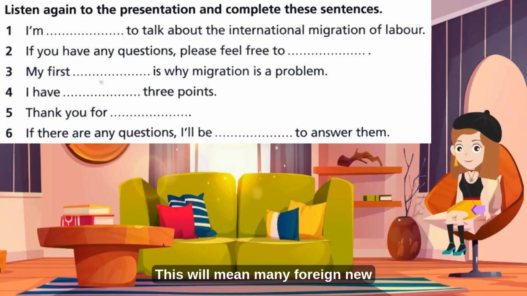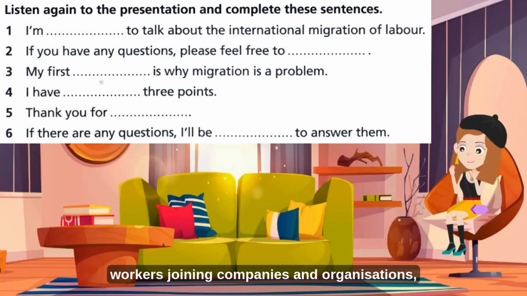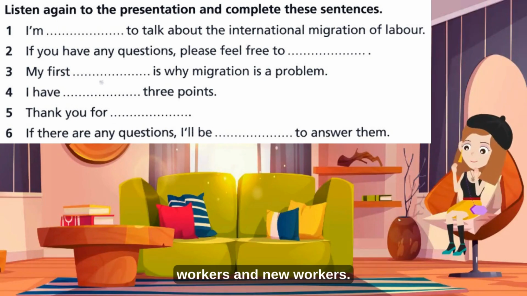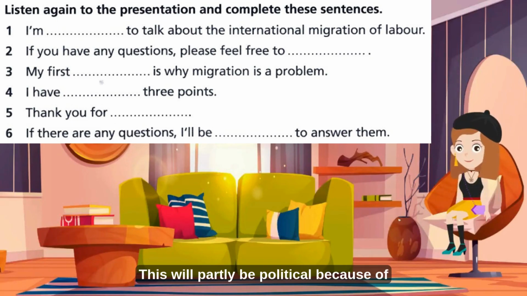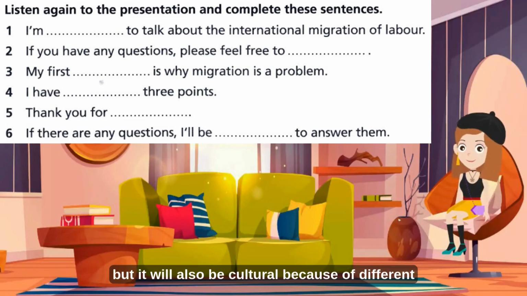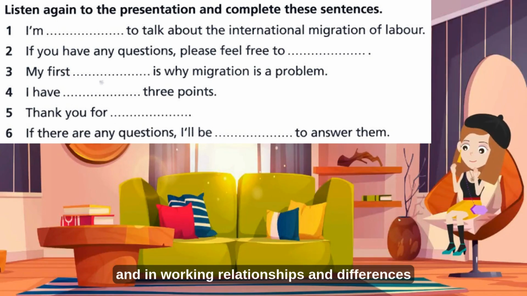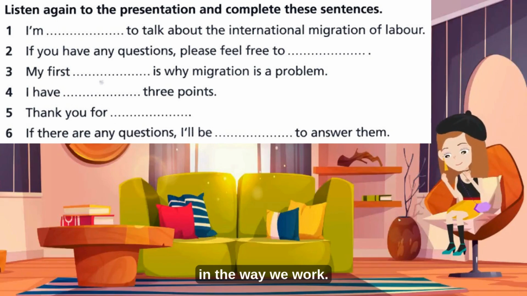This will mean many foreign new workers joining companies and organisations, and this will cause tension between local workers and new workers. This will partly be political because of pressure on jobs, but it will also be cultural because of different expectations of the workplace and in working relationships and differences in the way we work.